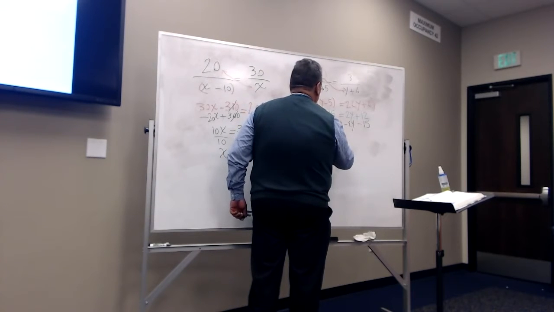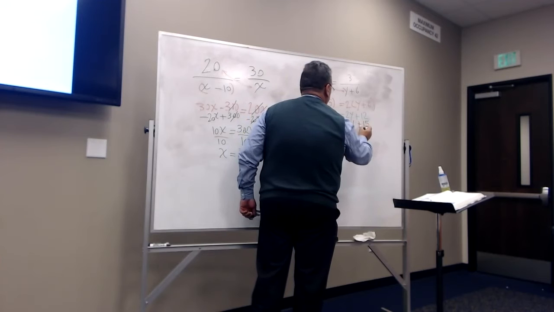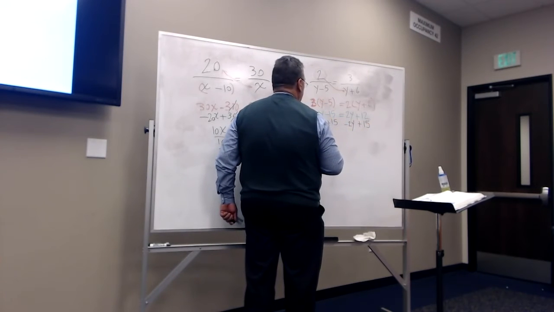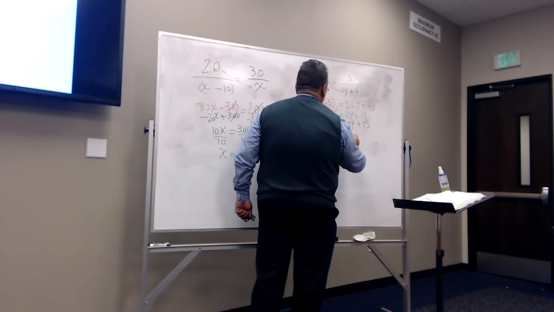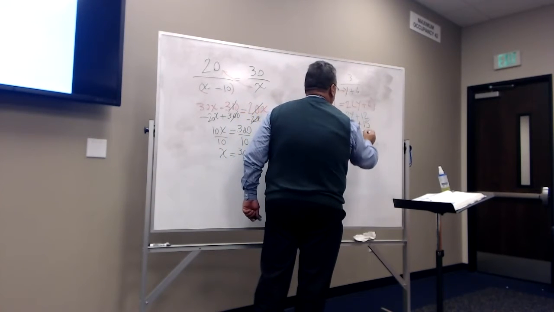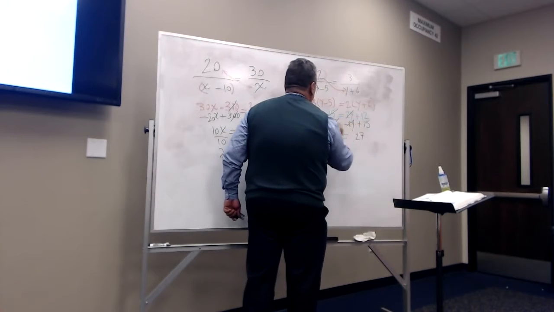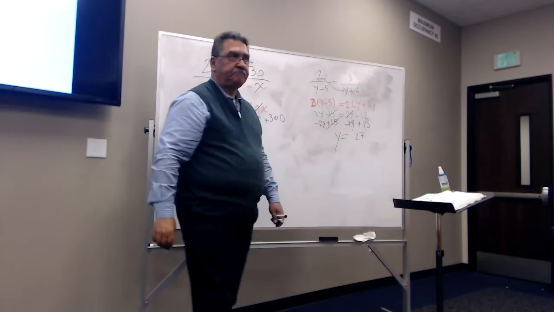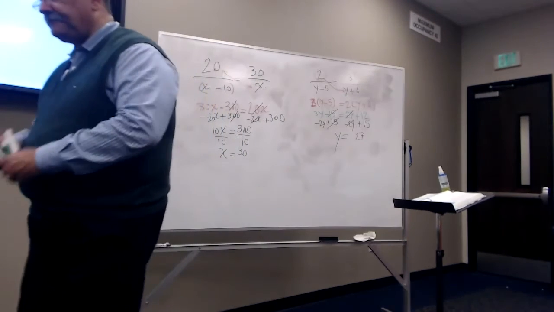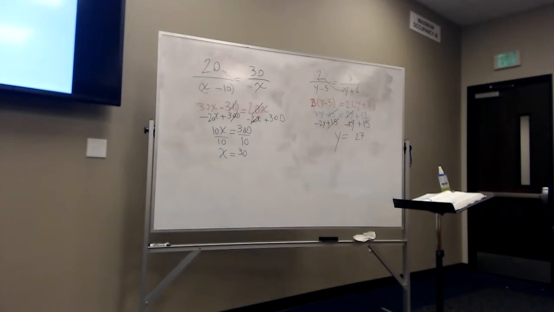I add plus 15 to both sides. So minus 15 and plus 15 cancel. 12 plus 15 is 27. And these two cancel. 3y minus 2y is y. So y is 27. Okay.